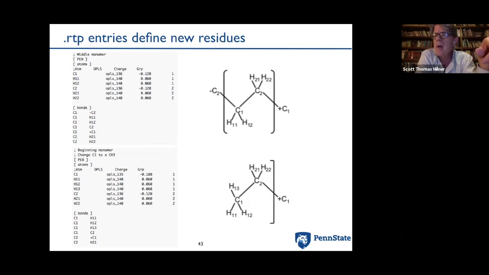And then it lists the bonds, but only that. So you don't have to list the angles and dihedrals and stuff. That's what's in a residue topology file, and then PDB to GMX does the rest. If you construct a PDB file, that is a molecule configuration file, that's labeled exactly the same way, with the monomers, with the residues called PEM or whatever, and the atoms named exactly the same and in exactly the same order.